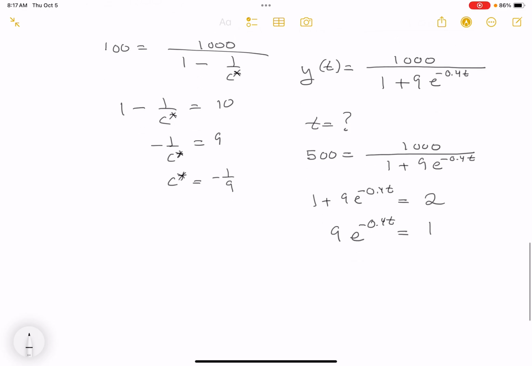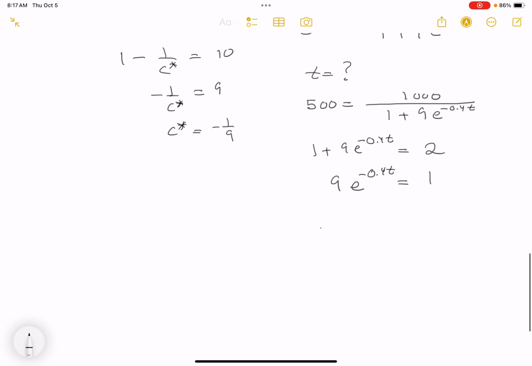Let's keep moving. And what do you get here? You get e to the minus 0.4 T is equal to 1/9. Well, I'm going to take the log of both sides, and what do you get? Minus 0.4 T equals the log of 1/9.